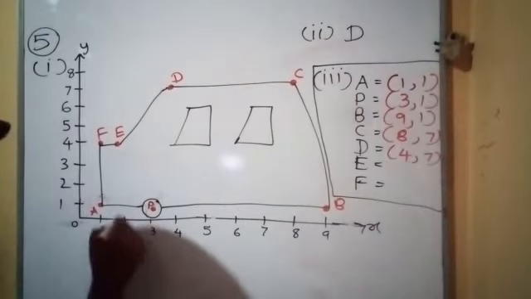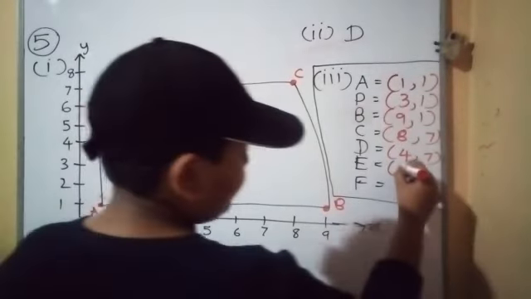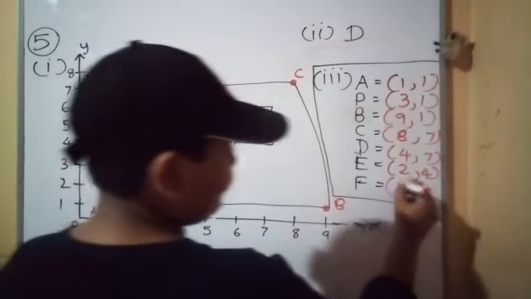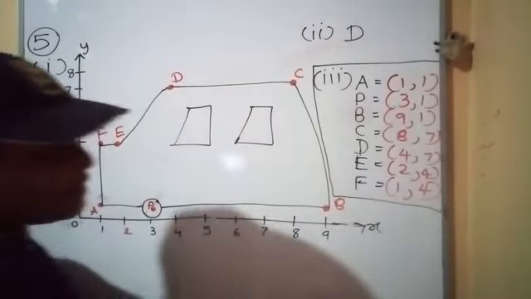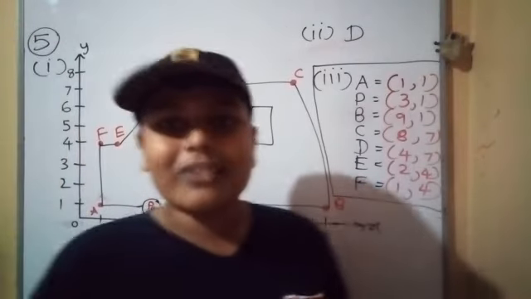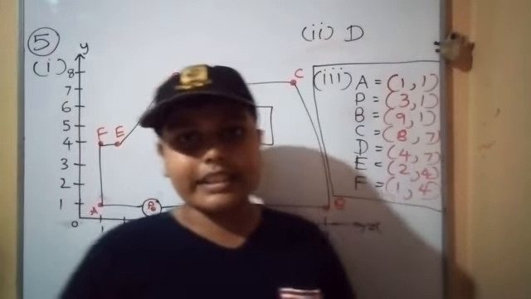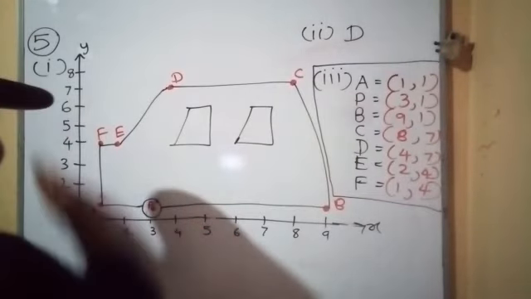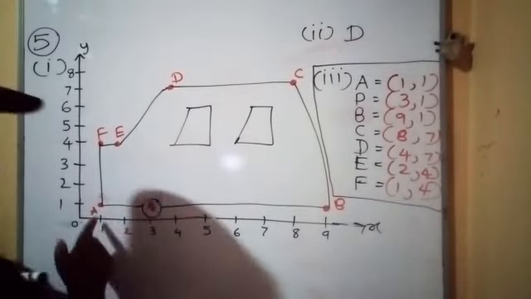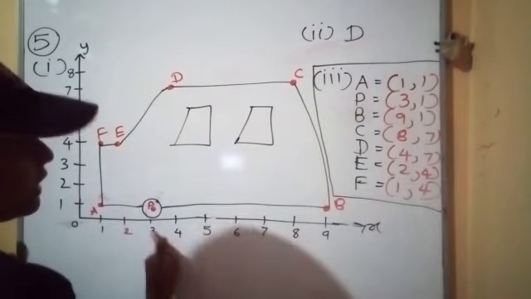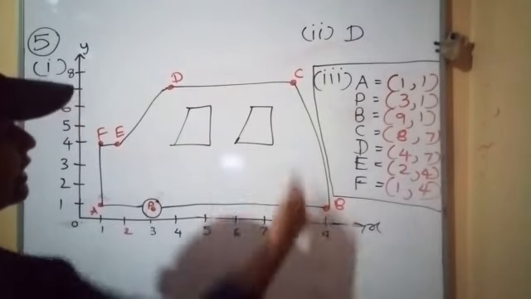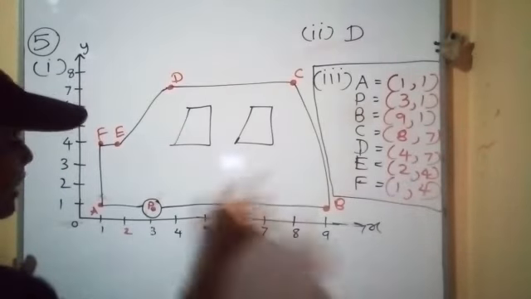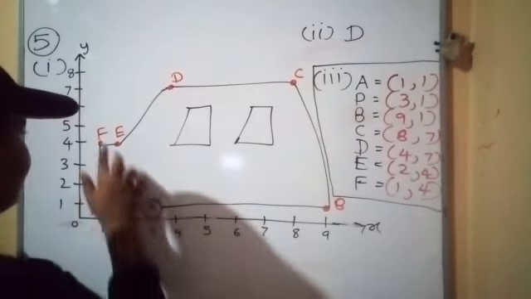E comes there, 2, 4. F is 1, 4. I write the coordinates very easily. Now you can firstly write this one and next write this. So A 1, 1, P 3, 1, B 9, 1, C 8, 7, D 4, 7, E 2, 4, F 1, 4.